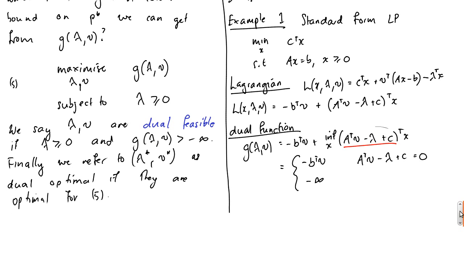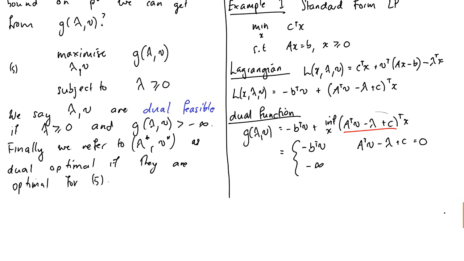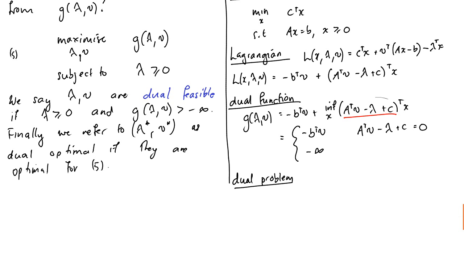So remember that our dual problem, which is what we're going to do next, is to find the maximum value of g. And notice that g is negative infinity if this term here is not true. So we're only going to consider values of lambda and nu that satisfy this constraint. Otherwise, it's infeasible.